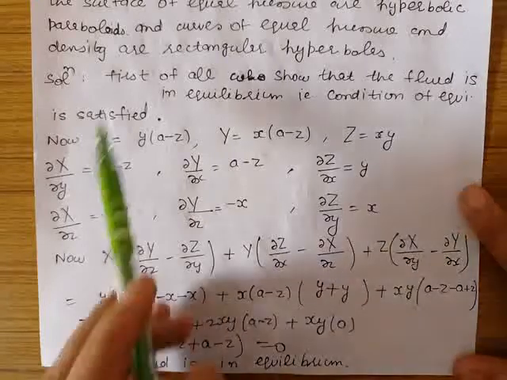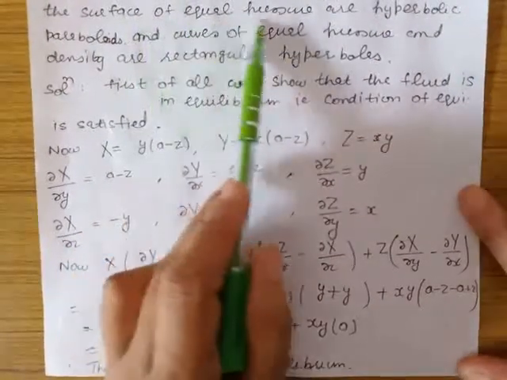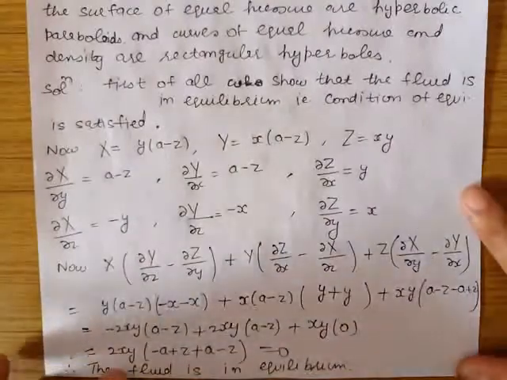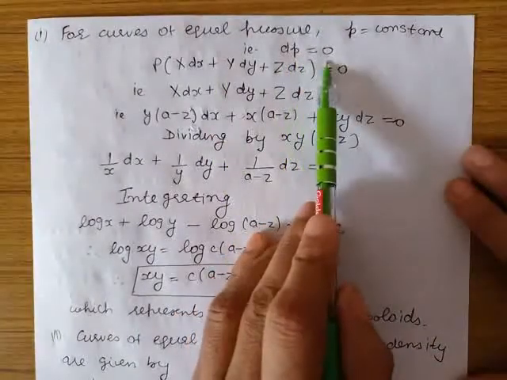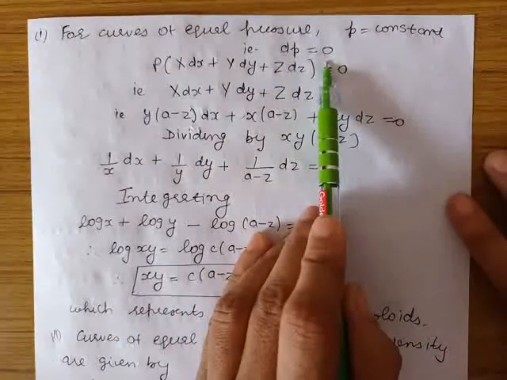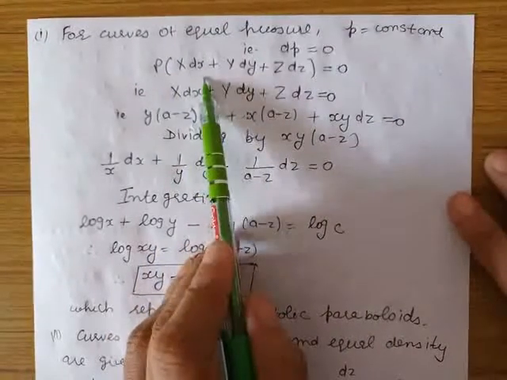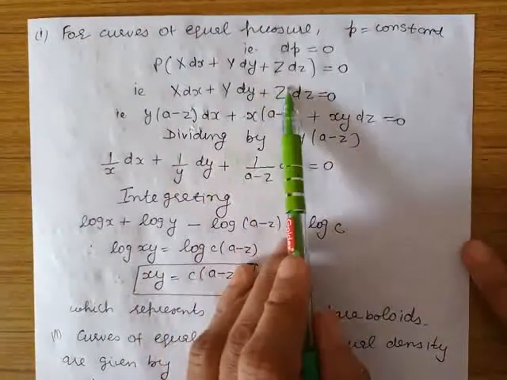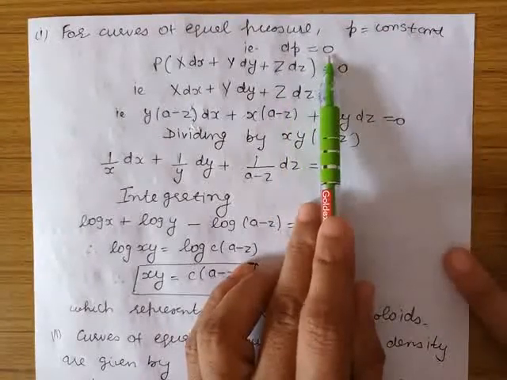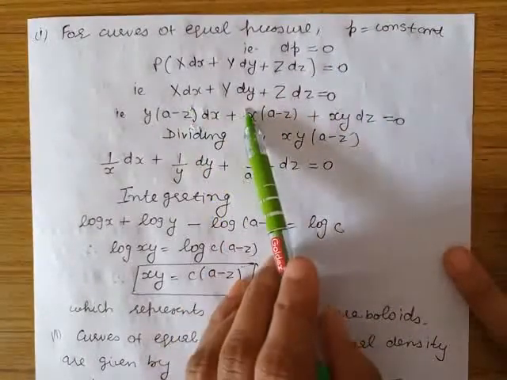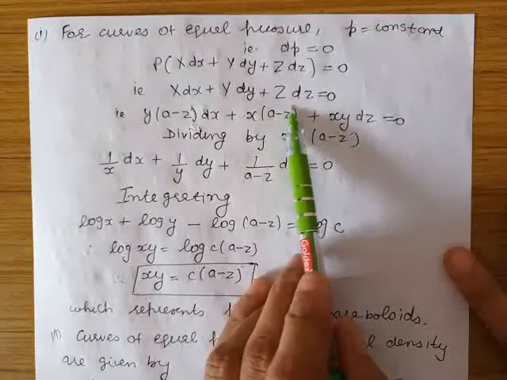Now we have to find the surface of equal pressure. So by the definition of a surface of equal pressure, pressure is constant. So dP will be 0. dP is given by rho into (X dx plus Y dy plus Z dz). So dP equal to 0 implies X dx plus Y dy plus Z dz is equal to 0.